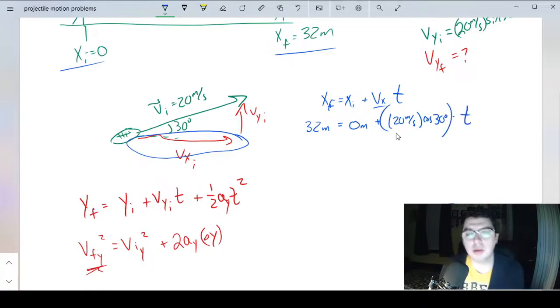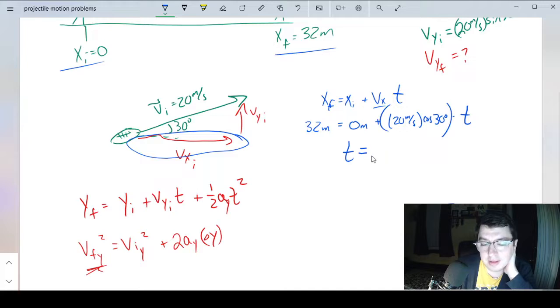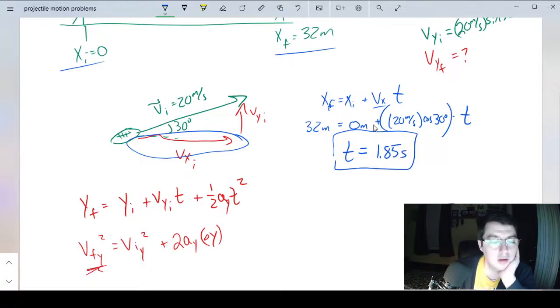That whole thing in big parentheses is vx. This allows me to find the time that the ball is in the air. I'll take 32 and divide it by 20 times cosine of 30. That is a time of 1.85 seconds. That's the time that the ball is in the air.